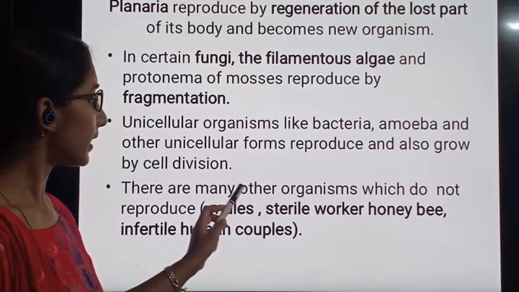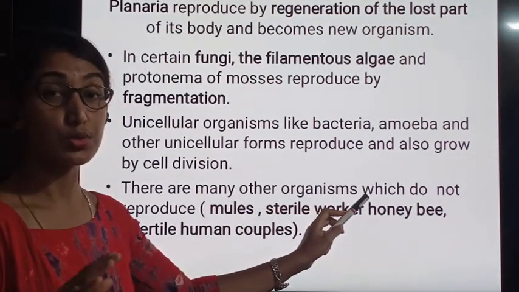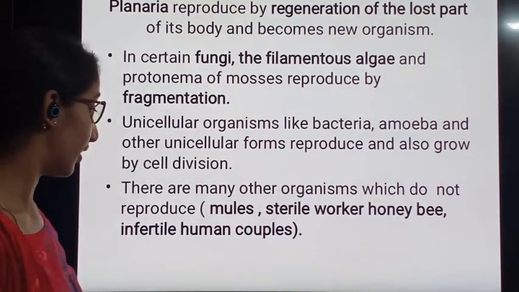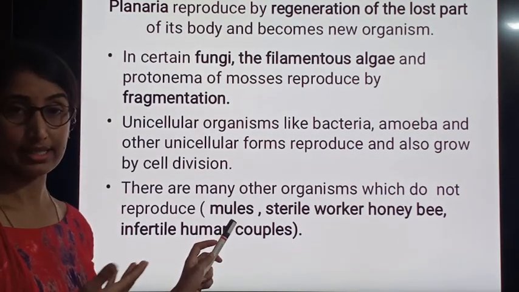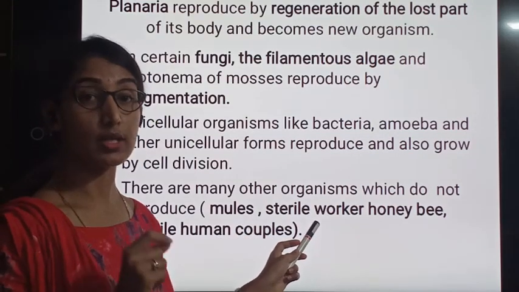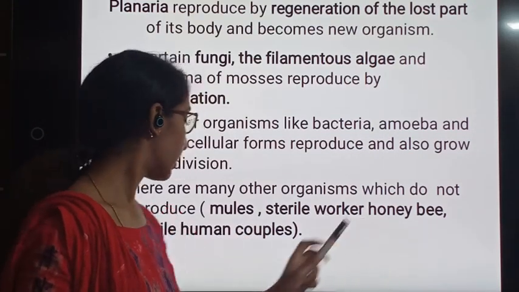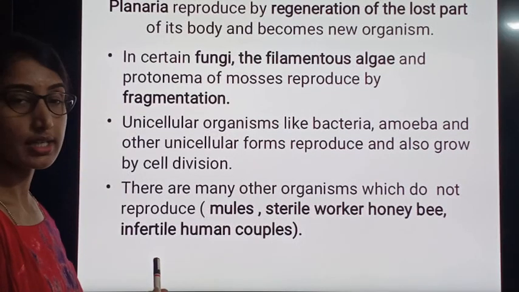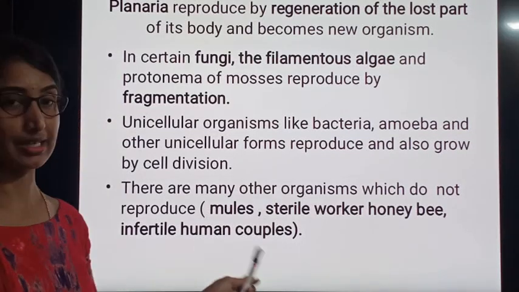There are many other organisms which do not reproduce at all. Which are those organisms? One example is the mule. The second is the sterile worker honeybee, and another example is infertile human couples.